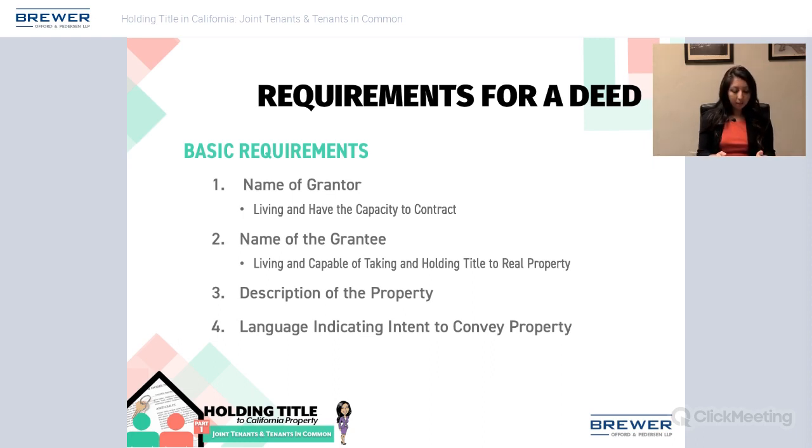The grandparent wants to transfer the property to their grandchild. And so they complete a deed, has their name, has their grandchild's name, describes the property and the intent to convey. But they leave the deed in the dresser. So grandchild has no knowledge of this deed ever occurring.